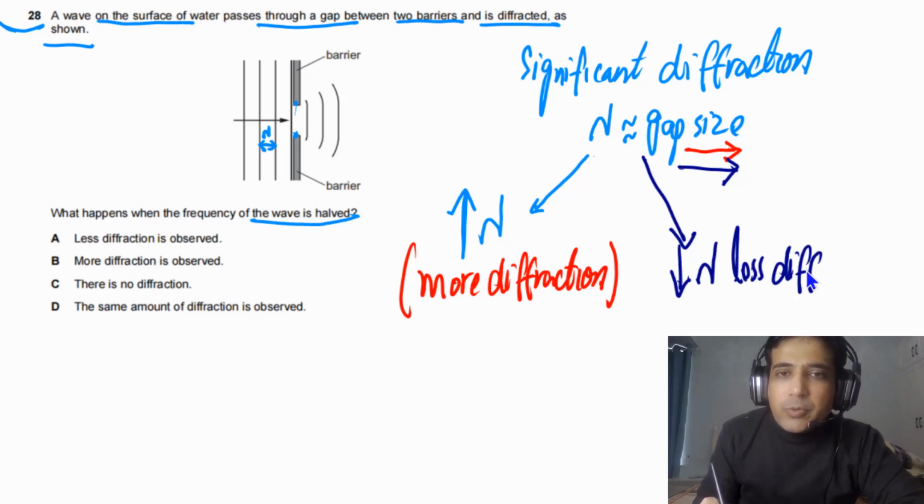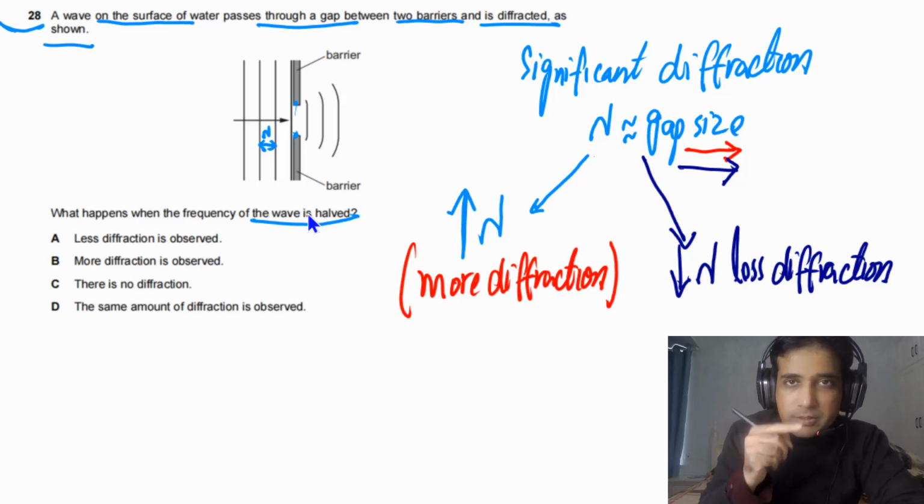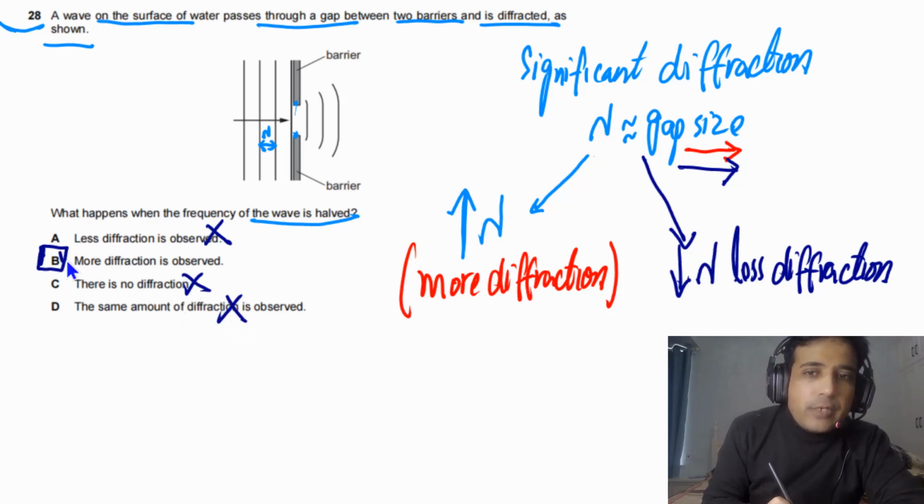So these points we need to understand. In this case, the wavelength is increasing because frequency is decreased, so there will be more diffraction. So the answer for this question is B, more diffraction. Less diffraction is wrong. No diffraction is also wrong. The same amount of diffraction is also wrong. So the answer for this question is B.